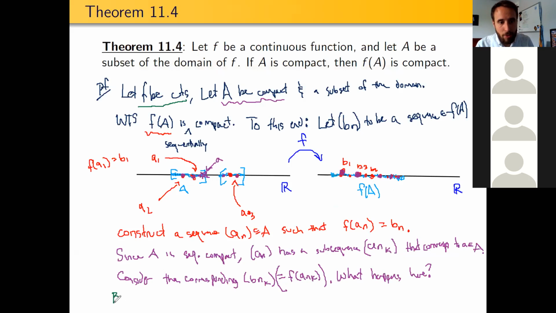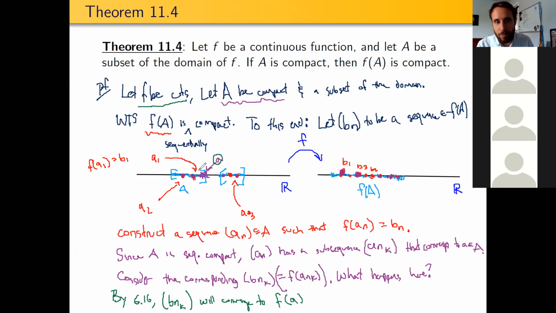So by the sequential criterion for continuity, which is just theorem 6.16, the b sub n sub k's, because they are f of a sub n sub k's, will converge to f of a.